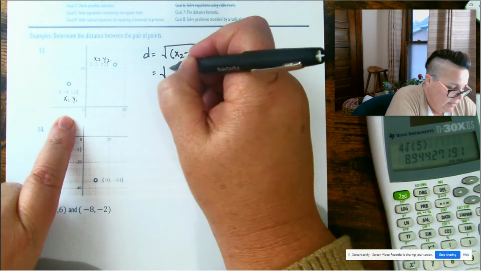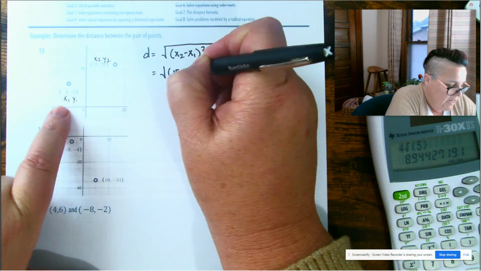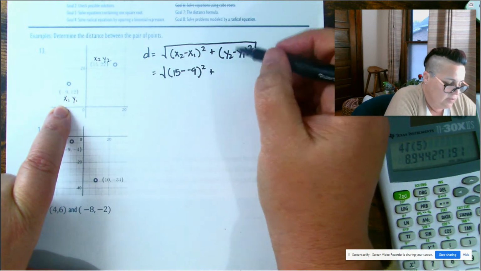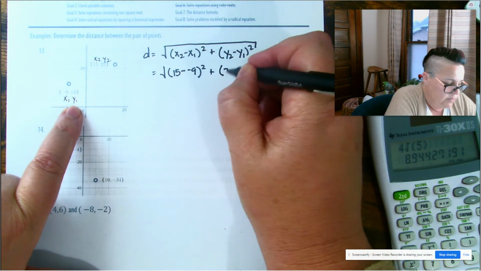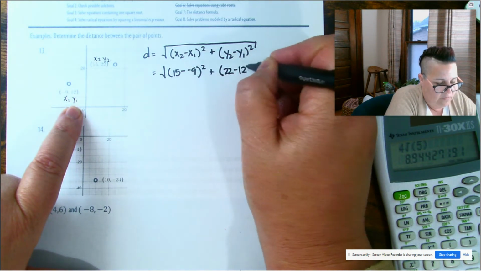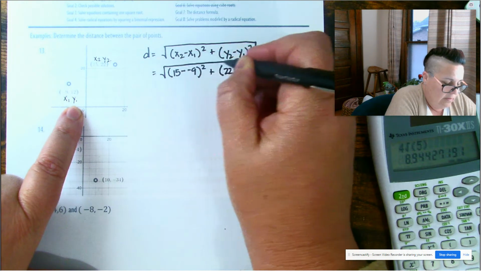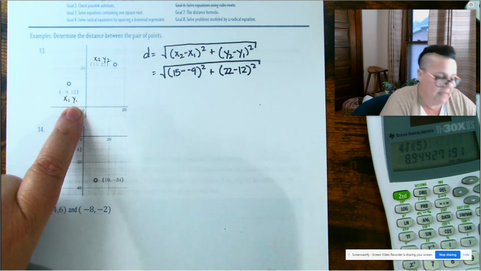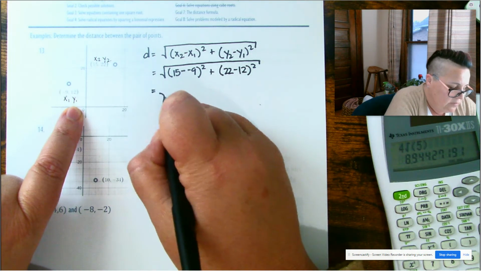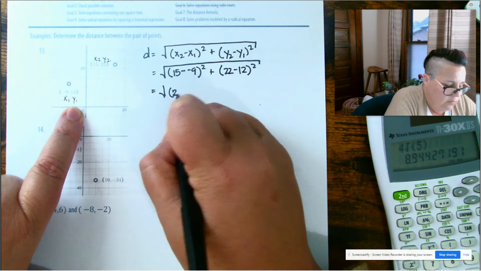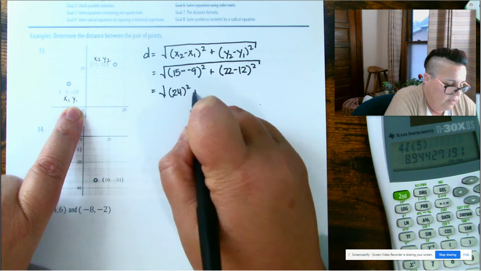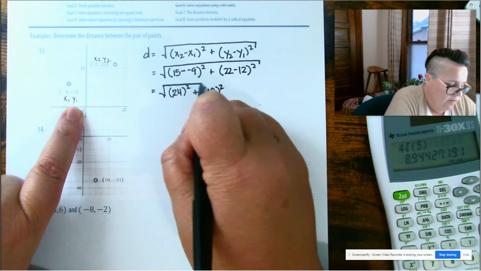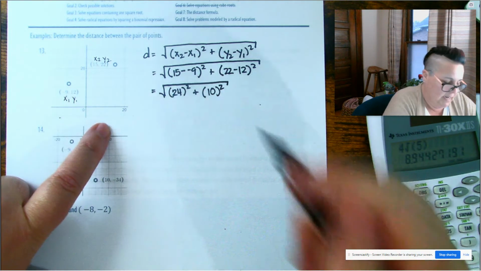So this would be 15 minus negative 9 squared plus y sub 2 would be 22 minus 12 squared. I'm going to drag it all the way across and leave my tail there at the end. This would be the square root of 24 squared plus 10 squared. Dragging that all the way across and dropping the tail.